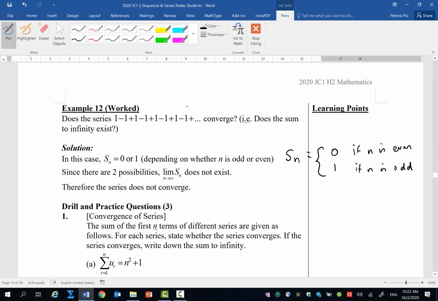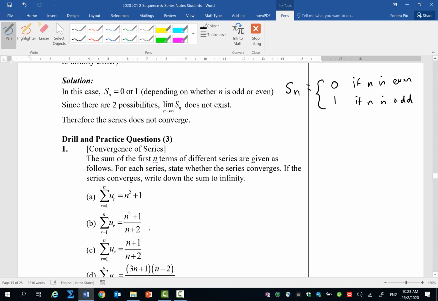Because there are two possibilities, we know that this limit does not exist, because you can't tell. Your infinity, you don't know whether it's an even number or an odd number. Because we do not know, it doesn't have a specific limit, and we therefore say that the series does not converge. So basically it is in line with what we have always been saying.